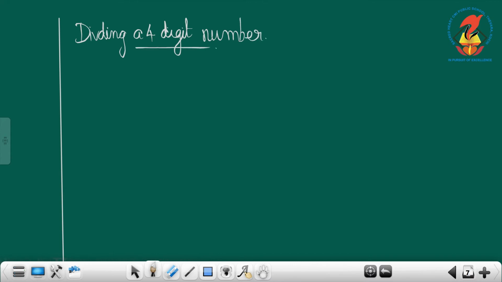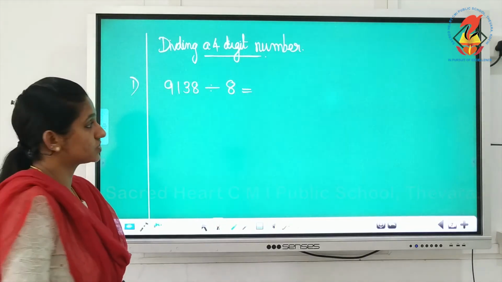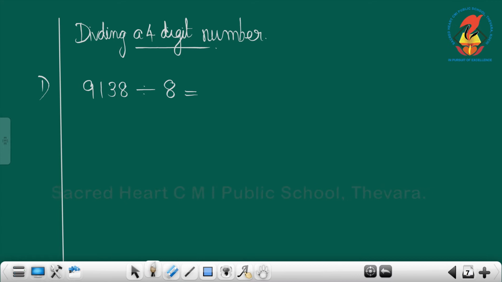Okay, dividing a 4 digit number. So the first question, 9138 divided by 8. After finishing the division, you must check the answer also.